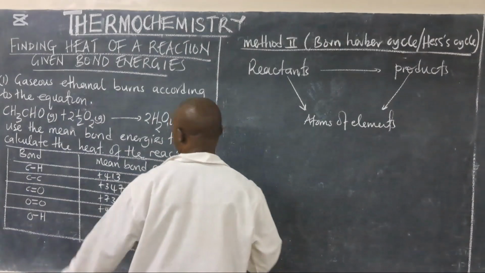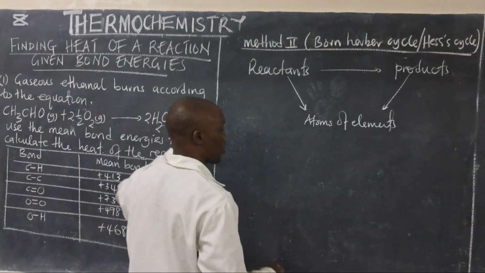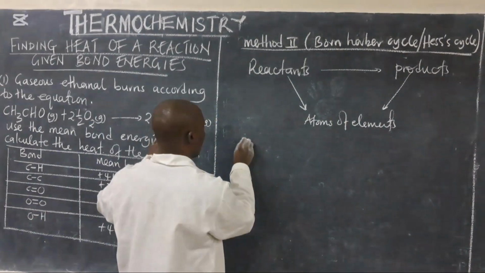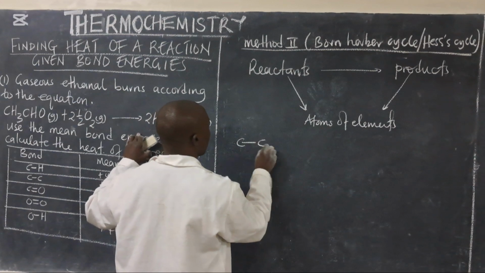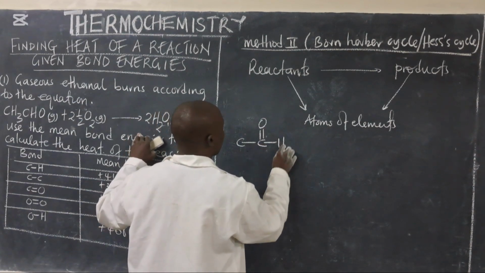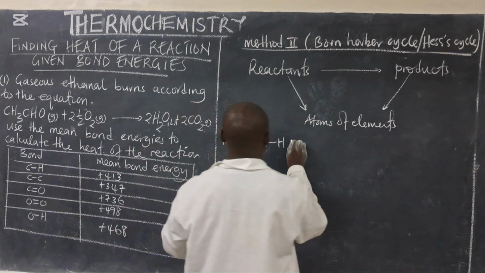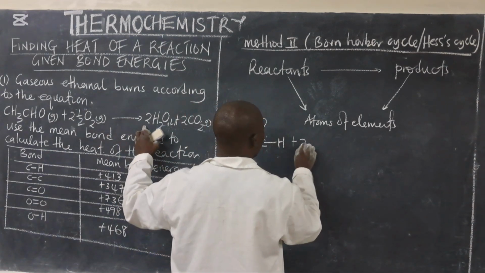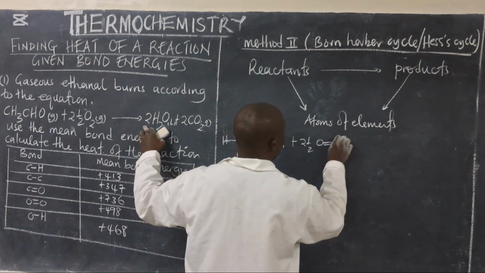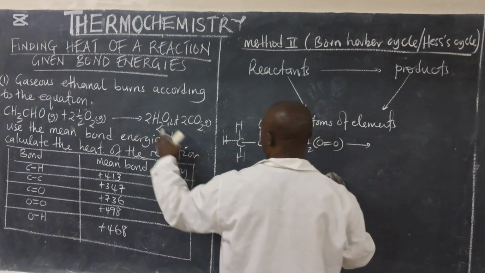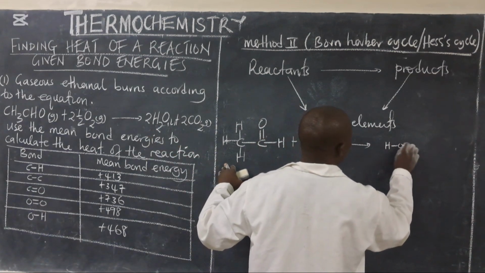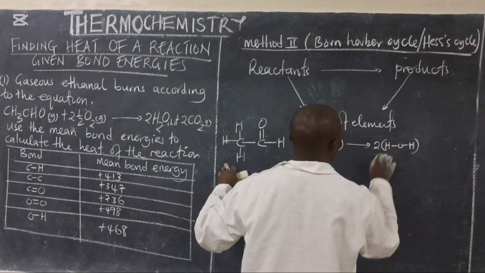So for this kind of question, we are going to rewrite our equation, but showing bonds. So this is ethanol. Then I'm adding oxygen, 2.5, and we show those bonds in oxygen, giving us this, the bond shown.